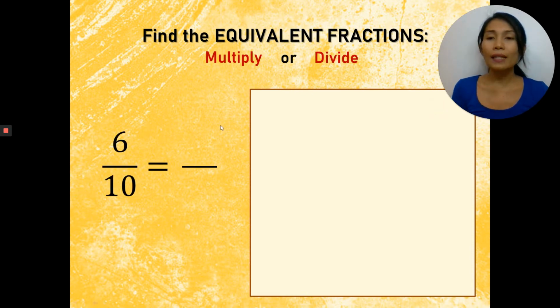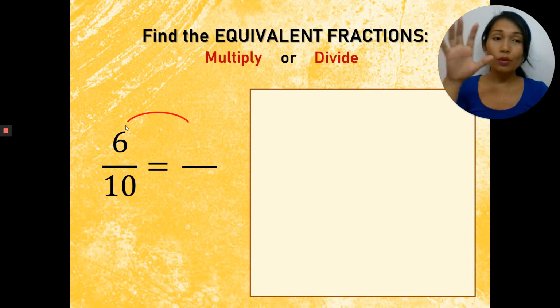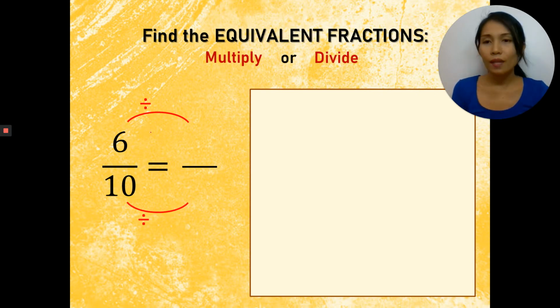Okay, let's try to find the equivalent fractions of the fraction 6/10. Here's the rule. Whatever you multiply to the numerator, you also multiply it to the denominator. That is how to get the equivalent fraction.